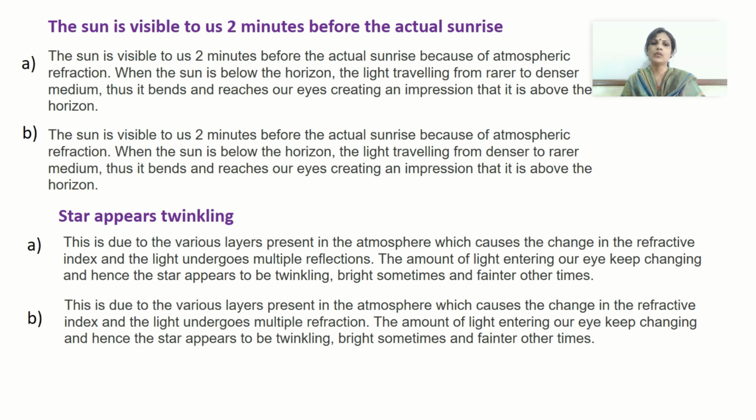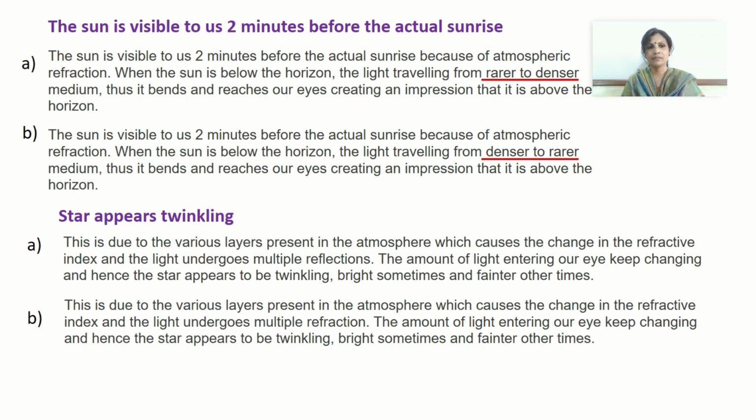The sun is visible to us 2 minutes before the actual sunrise. Read it carefully. When you read it, you will observe two important points there. These are the two important words or points which you need to check out. When the sun is below the horizon, does the light travel from rarer to denser medium? Or does the light travel from denser to rarer medium?